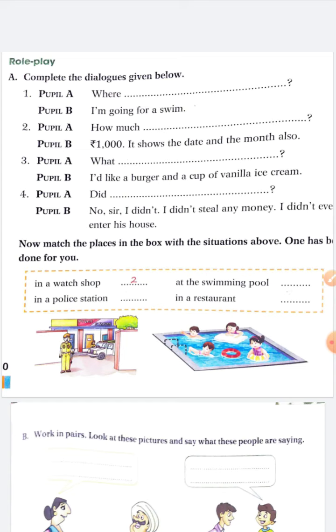Now, second is pupil A has to ask something. How much? How much we use for the quantity. Pupil B saying rupees 1000. It shows the date and the month also. So, definitely which shows the date and the month? The watch.